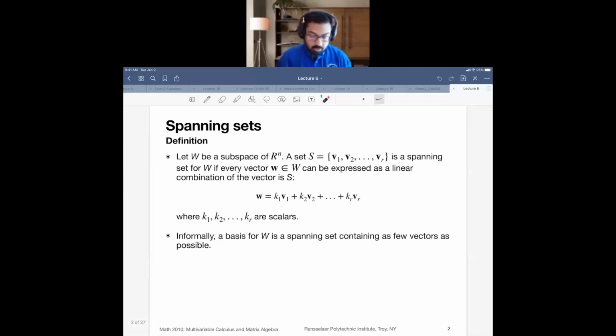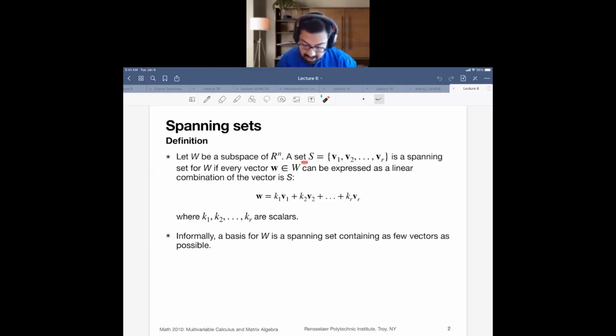Before we talk about bases, we need to talk about spanning sets. Let's suppose that you have a W that is a subspace of Euclidean space R to the n, and there is a set S which has r vectors, V1 through Vr.